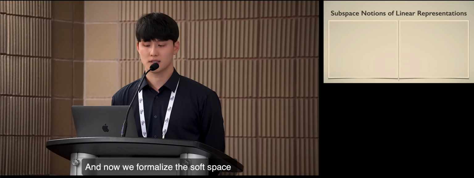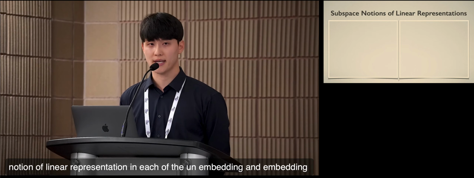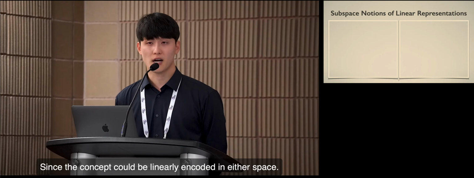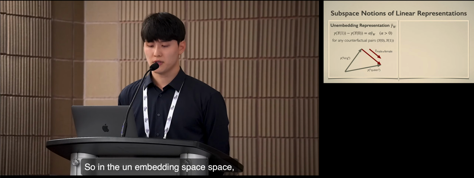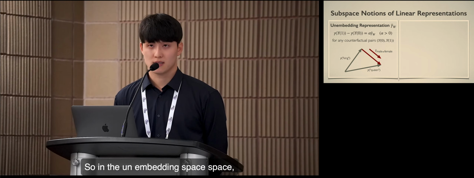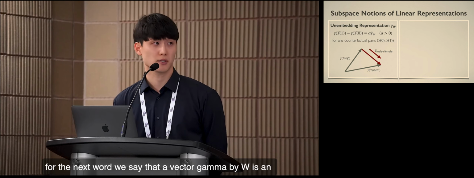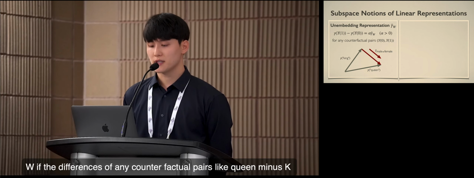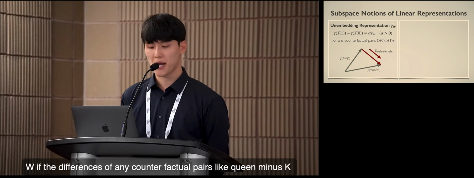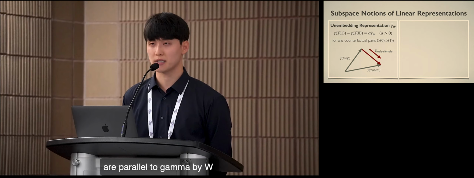Now we formalize the subspace notion of linear representation in each of the unembedding and embedding spaces, since a concept could be linearly encoded in either space. So in the unembedding space for the next word, we say that a vector gamma bar w is an unembedding representation of concept w if the differences of any counterfactual pairs like queen minus king are parallel to gamma bar w.